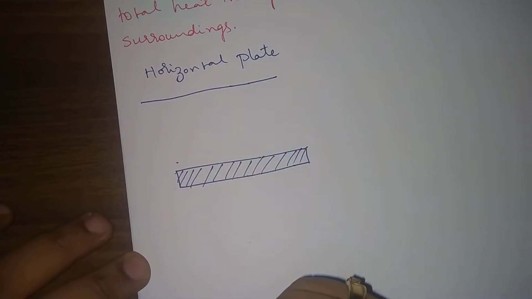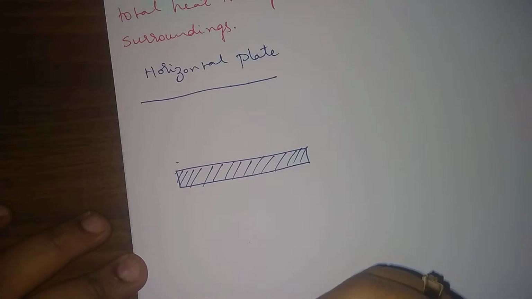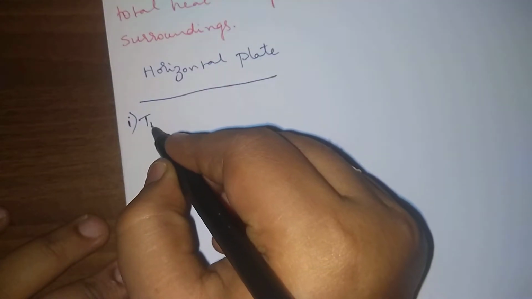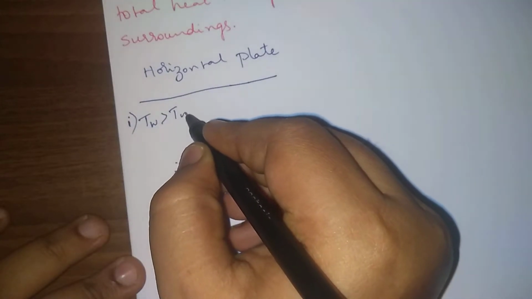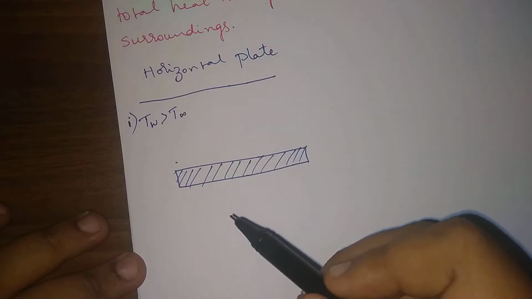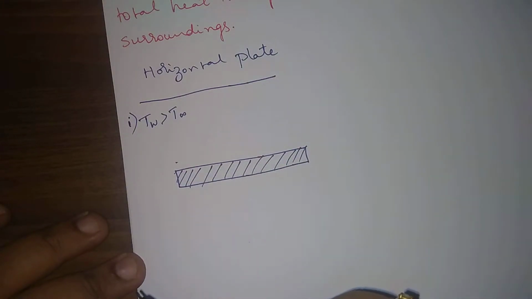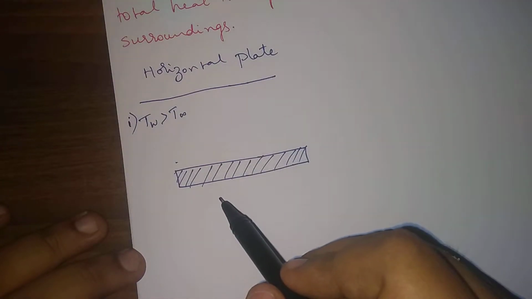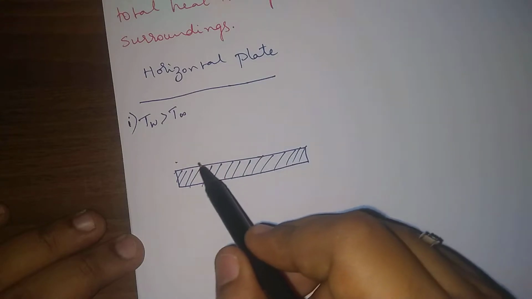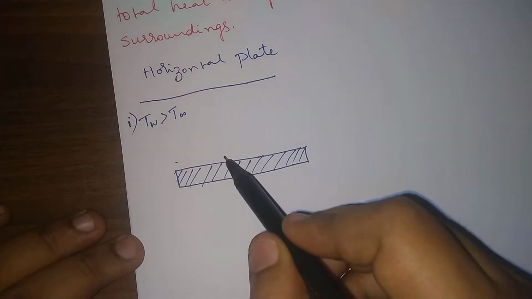Now the first case, case number 1, is when the T wall is greater than T infinity. When such is the case, whenever the plate is placed horizontally, the h on different sides is going to vary.